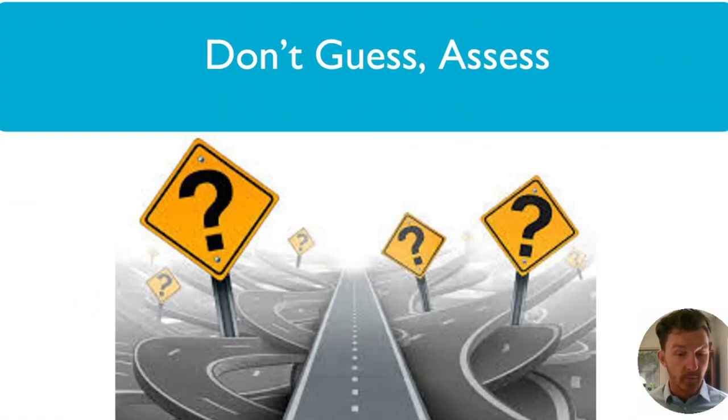One of the creators of SFMA's favorite things to say is, don't guess, assess. So when somebody comes in, they're an athlete, they're not performing as well as they would like to perform. We want to create some sort of assessment that they can do to figure out why that's the case.